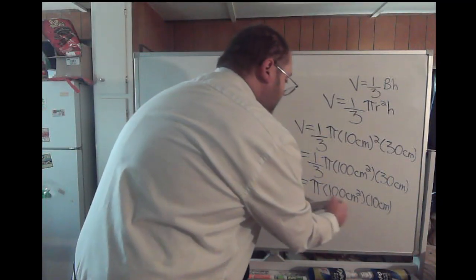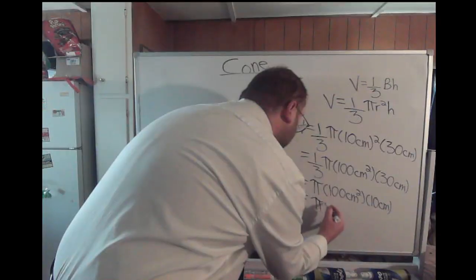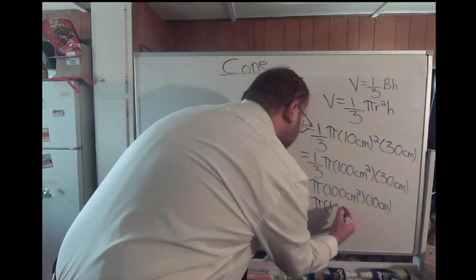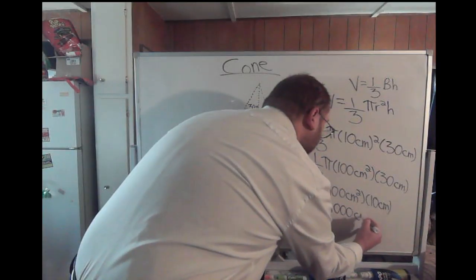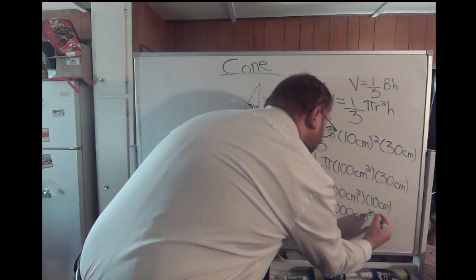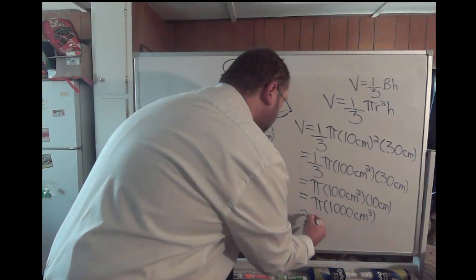I'm going to simplify this a bit further. I could take 100 times 10, which would give me pi times 1,000. Centimeters squared times centimeters would be cubic centimeters. So now I just have to multiply pi and 1,000, and then I'll have my volume.